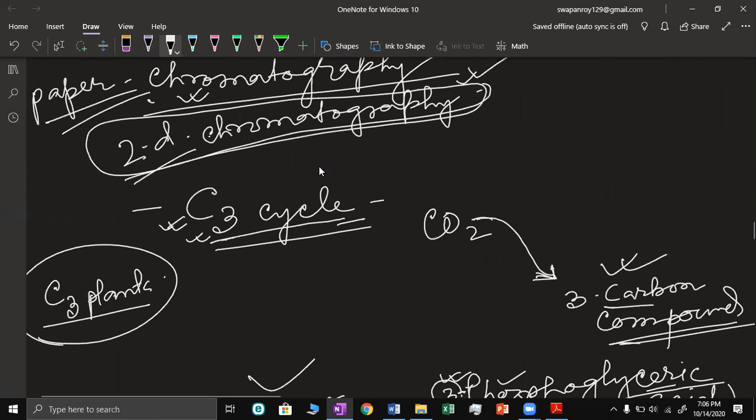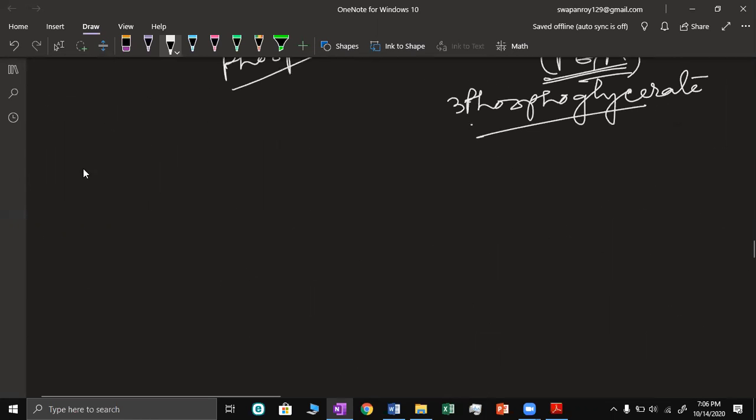Now we will see that this is more or less a cyclic process. It is a chain of reactions, and those reactions are in a cyclic form.